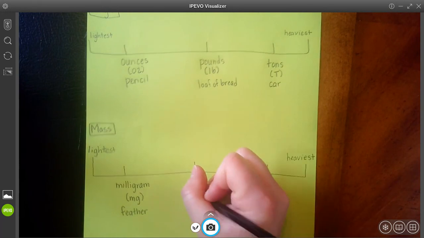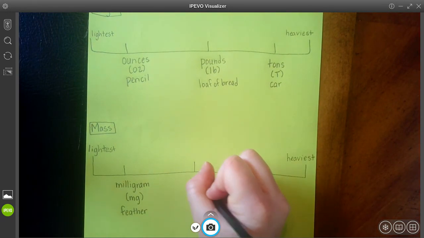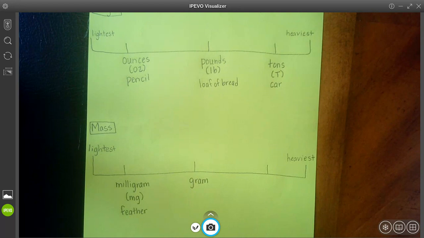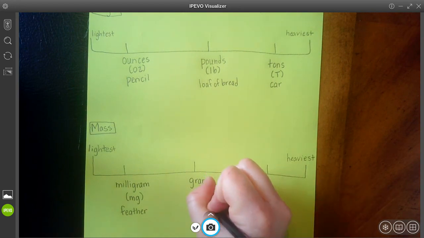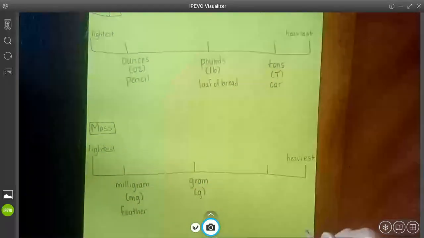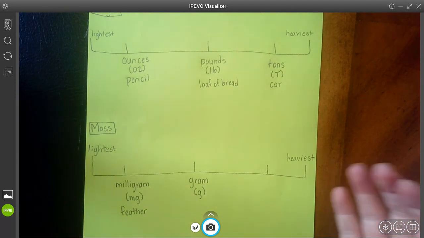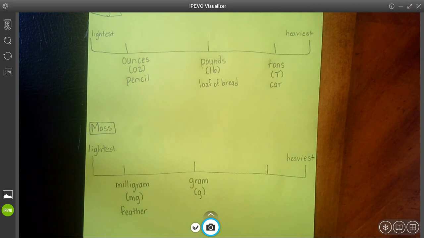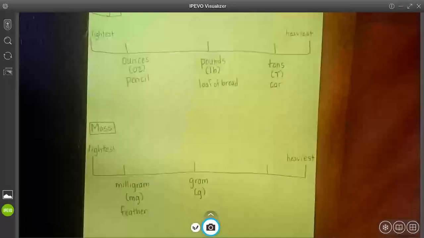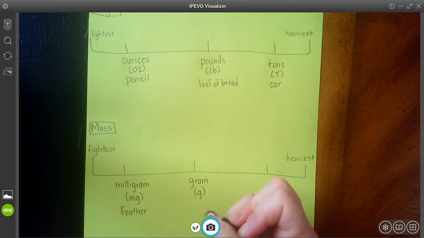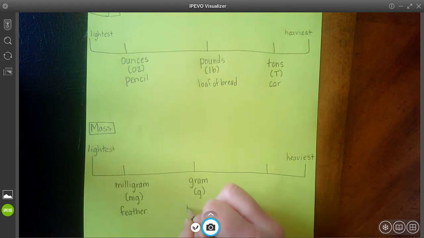Then we have gram. This should be familiar from science. When I use a balance scale and I'm using non-standard units, oftentimes I'll put something like a paper clip on one side to see how many paper clips might weigh like a marker or such. But a gram, I'm going to say is like a paper clip.